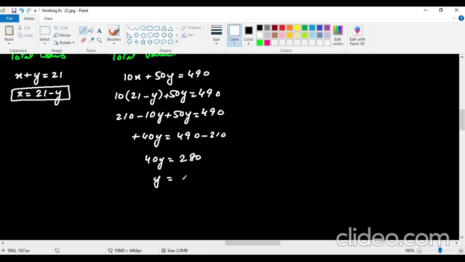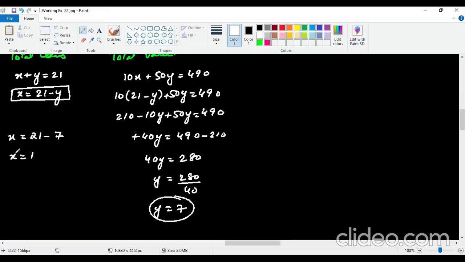280 divided by 40 gives us y equals 7. I know x equals 21 minus y, which is 7, so x equals 14.